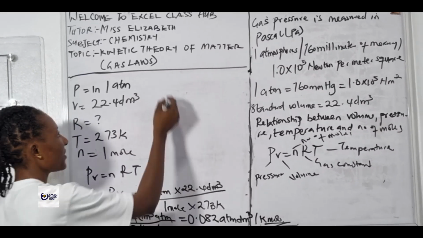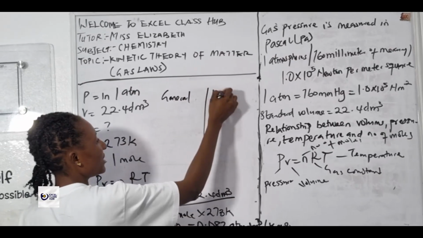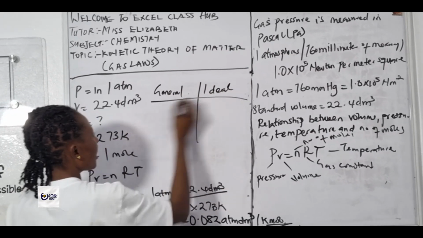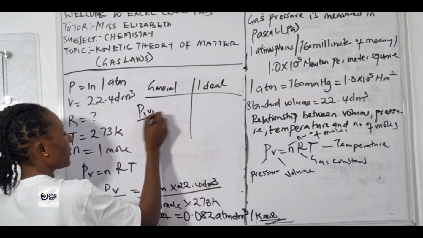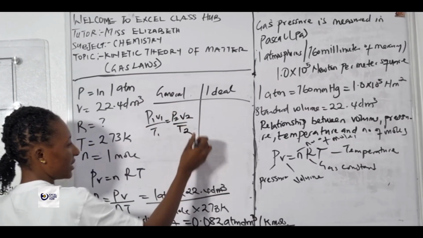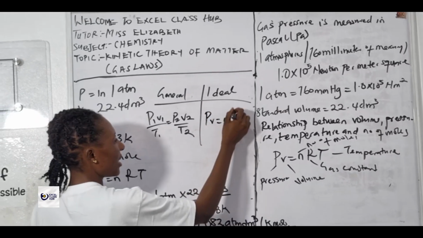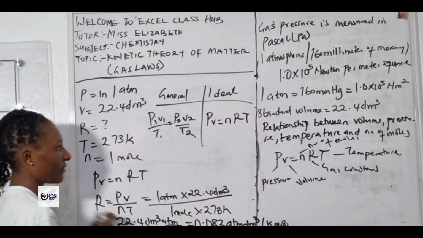So that is the ideal gas equation, which is different from the general gas equation. Our general gas equation is P1V1 over T1 is equal to P2V2 over T2. Then the ideal gas equation is just PV is equal to nRT, where all the values have been gotten.